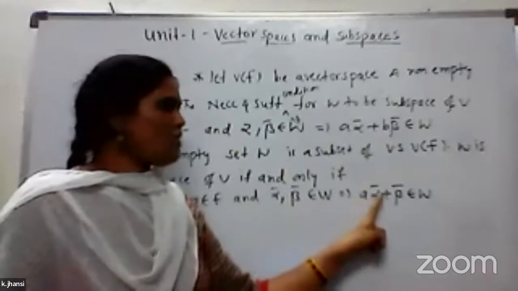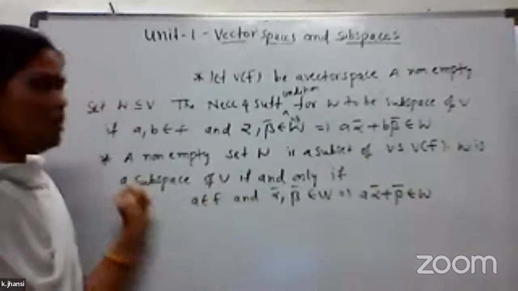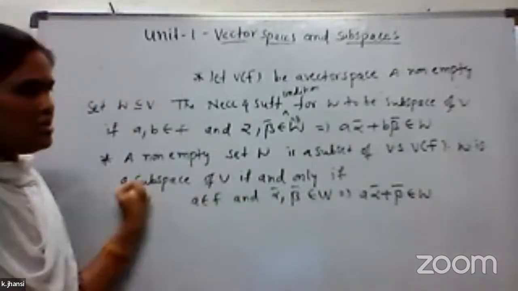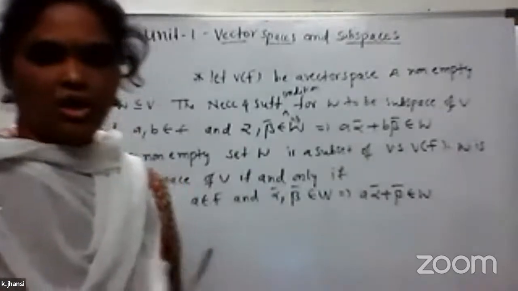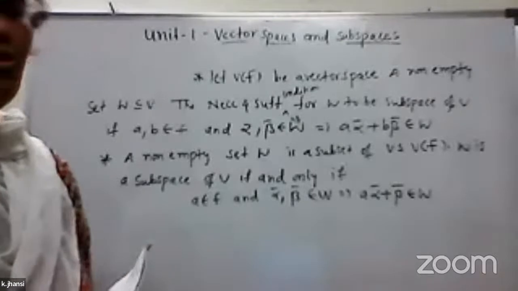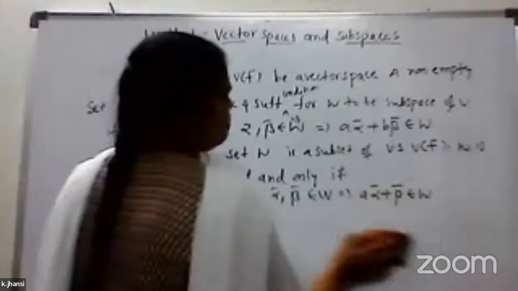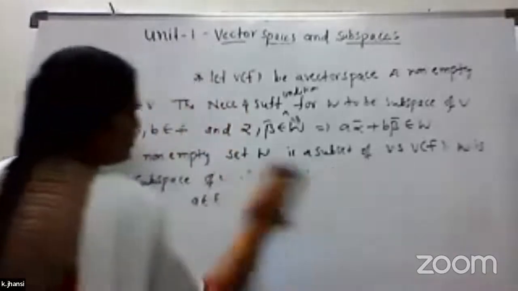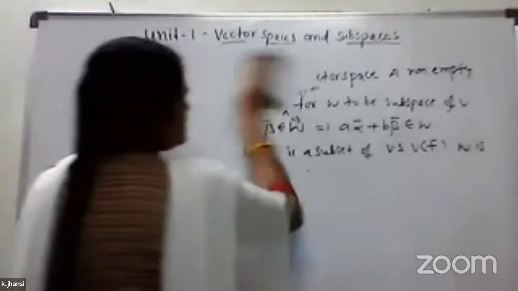So a alpha bar plus beta bar belongs to W. For this also you have the proof. Okay, whatever conditions I am telling, these are all theorems. Okay, so we'll see one example of a subspace. Any given condition will be given in the question, no? With the help of that, how you can tell that W is a subspace of the vector space V of F.